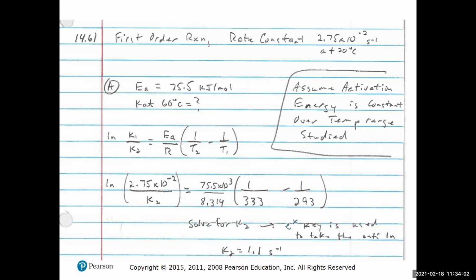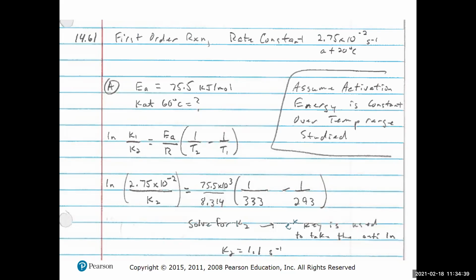So we were told temperatures in degrees C, our rate constant is based on Kelvin. So we have to change those temperatures from degrees C to Kelvin. And so we went ahead and did that and got 333 for the higher temperature and 293 for the low. Remember, that's the 273 plus the degrees C. We were told our activation energy in terms of kilojoules per mole.